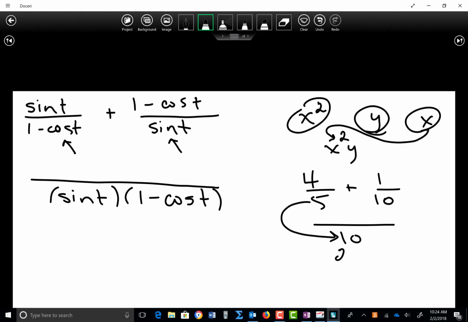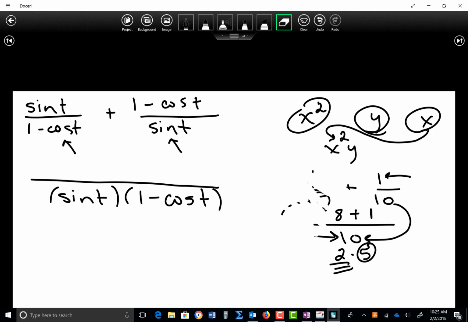In other words, if 10 is 2 times 5, 5 is included in both spots, but the 2 is left over, so I would take the 2 and multiply it by the 4. Up here, the 10 is included, so I wouldn't need anything to multiply the 1 except a 1. And so I would get 9/10 as my answer.